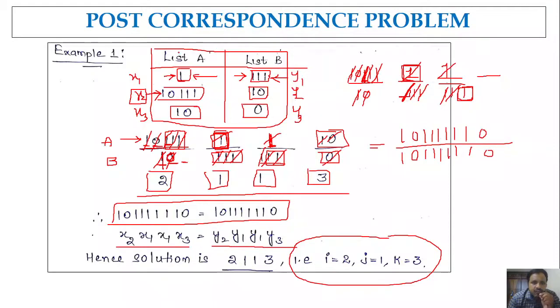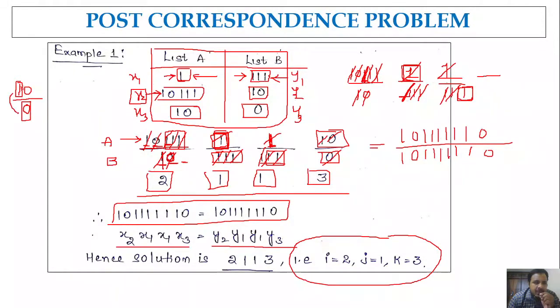Here we cannot start with 1 0. That means we could not start with x3. Why? Because if we take 1 0 as x3, then y3 will be 0. So the string that belongs to list A is starting with 1 and the string that belongs to list B is starting with 0.